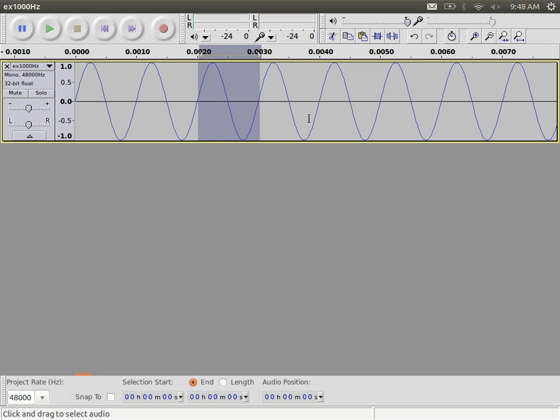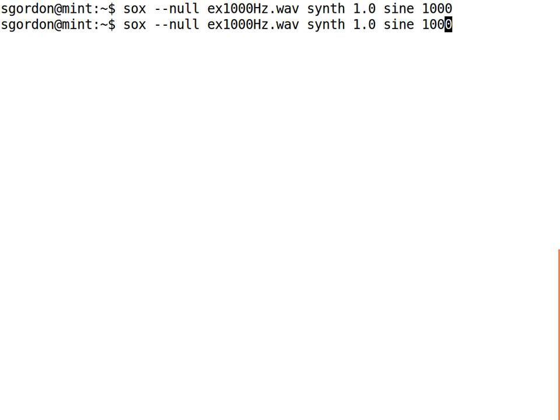I can go back and create a second component, this time our 3,000 hertz sine wave, in a different file. And then, with audio processing, you can take two different audio files and mix them together, basically add them together. And that's what we do in our equation. We take two sine waves and add them together.